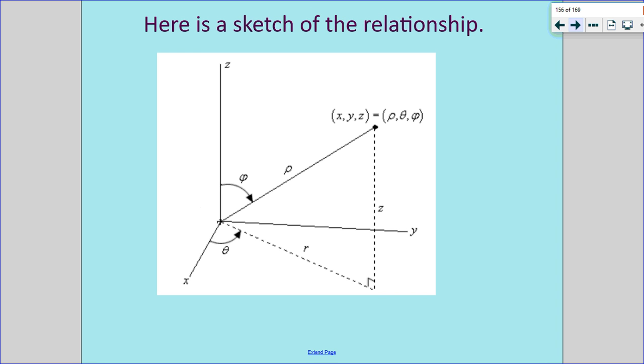So here's your diagram. We have our point, rho, theta, phi, which is right here. And you can think of it in terms of its rectangular coordinates as well. So the way you do it, or at least the way I do it, is I take a yardstick, whatever, of length rho, line it up with the positive x-axis, rotate it theta degrees, and then I go up towards the z-axis to line it up with the correct phi.